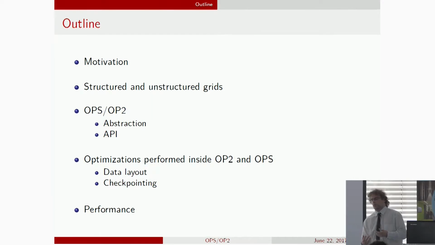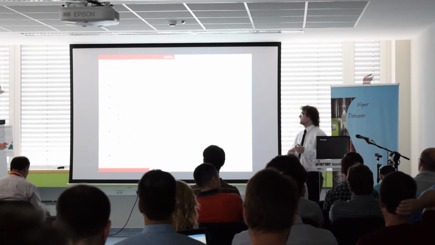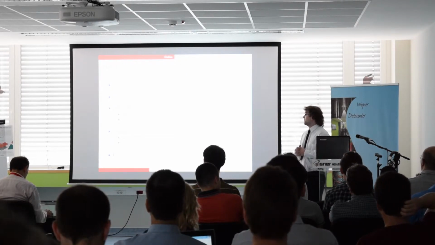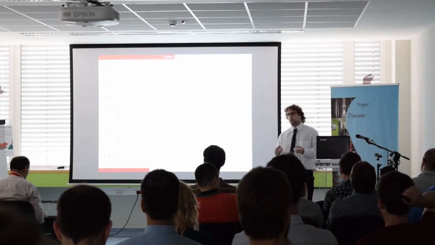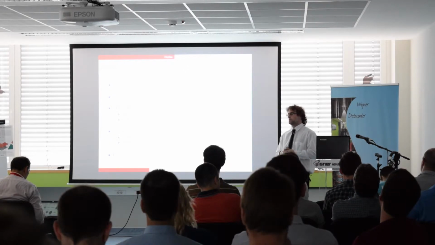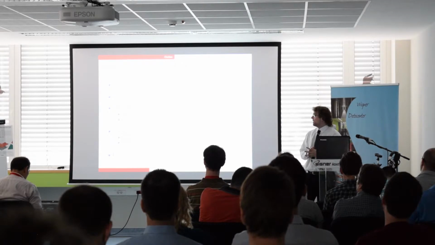First I'm going to talk about some difficulties developing currently high-performance parallel computational applications. Then I will introduce the differences between the structured and the unstructured meshes, and after that I will introduce the two libraries that this presentation is about, the OPS and the OP2.